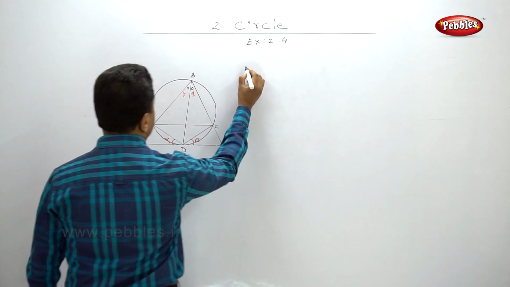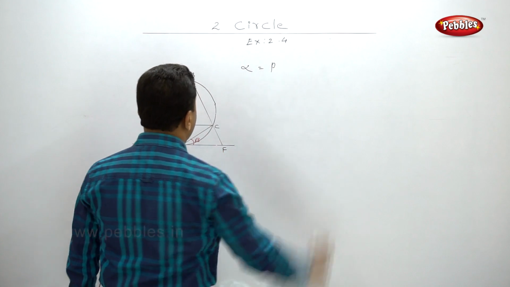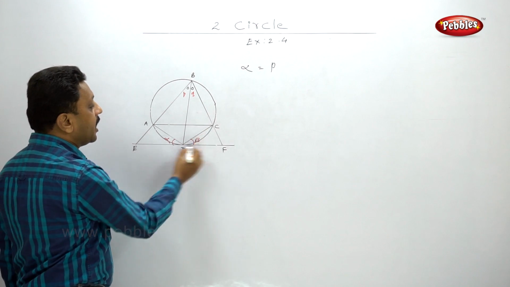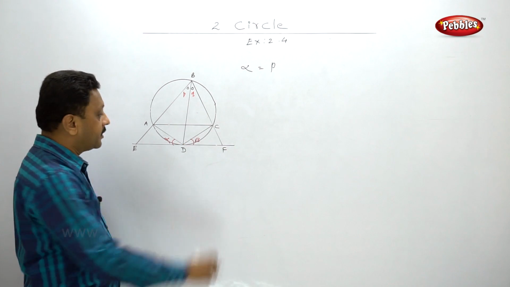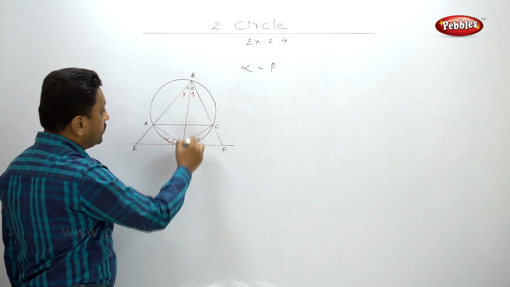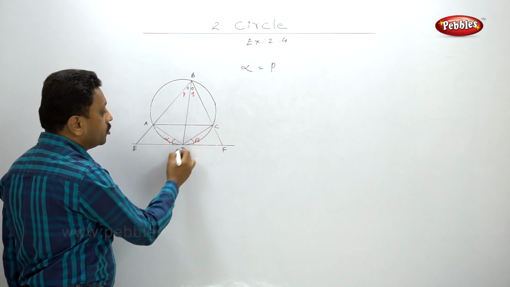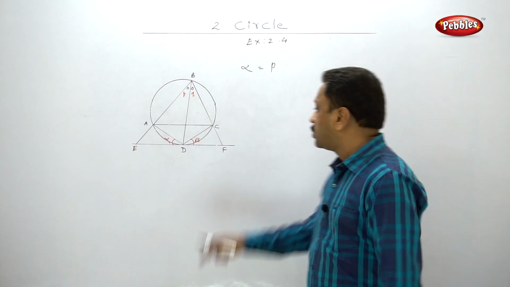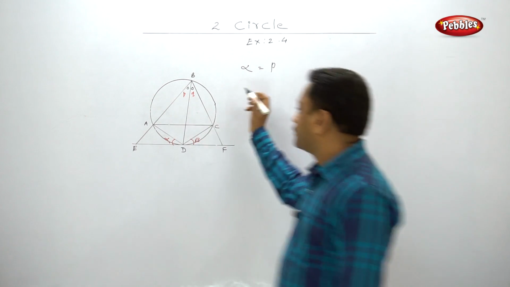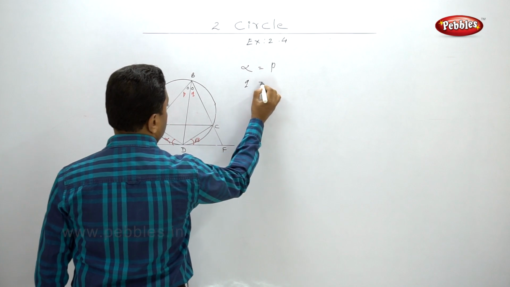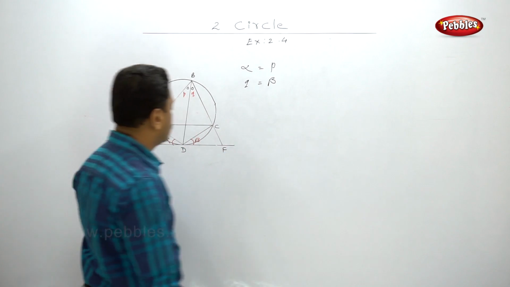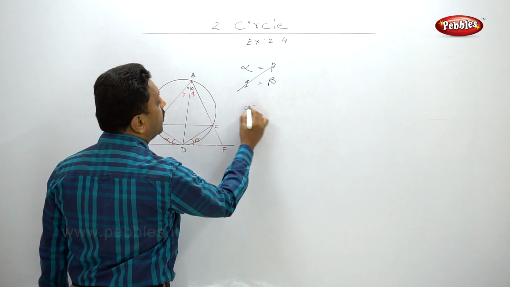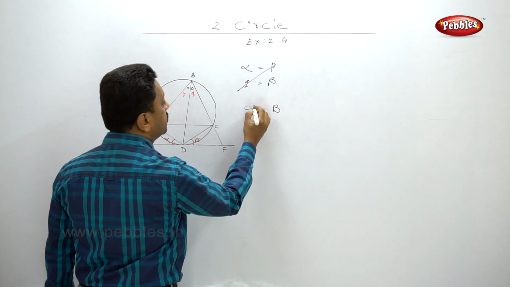So here I can say that alpha is equal to P, and the same in this case, this arc is intercepted by this angle Q and also by the angle in alternate segment, this Q and beta. Q is equal to beta, and hence alpha is equal to beta.